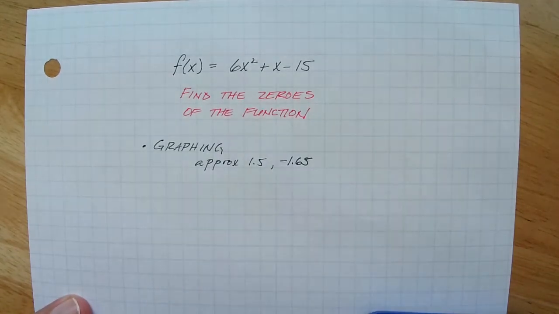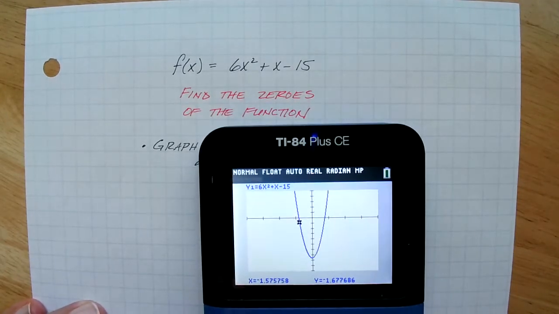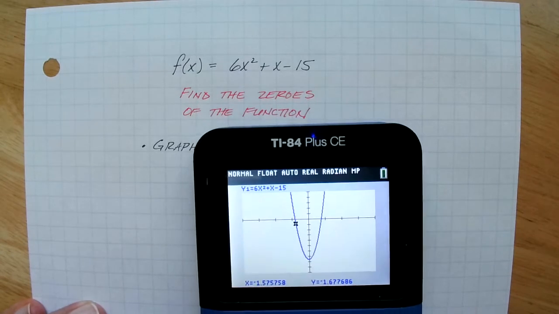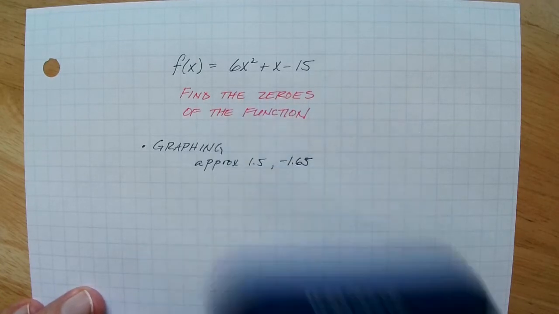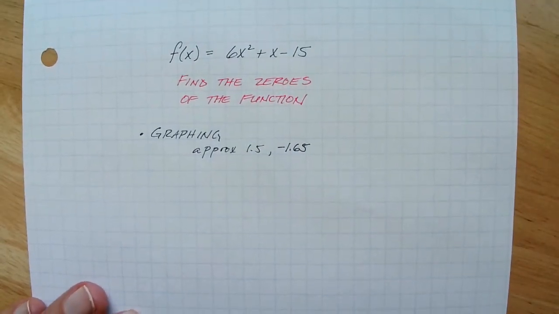And this is the drawback with the graphing method: you can only be approximate here. It's very tough to get an exact value when you use the graphing approach. Depending upon what you use for graphing, Desmos sometimes can be very precise, perhaps a bit more so than your calculator. So that's one technique, the graphing technique.